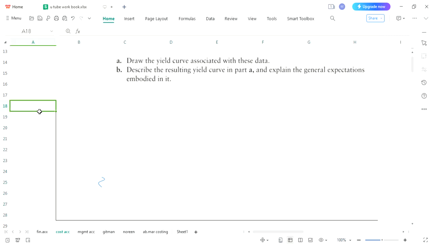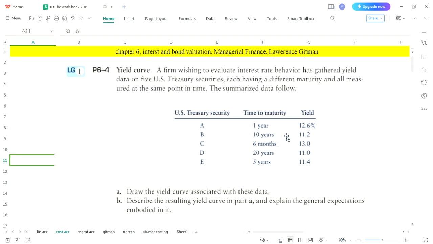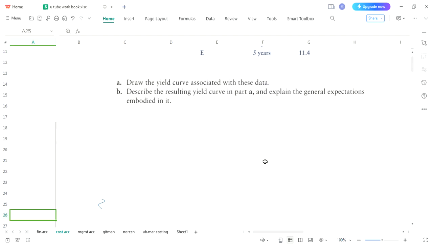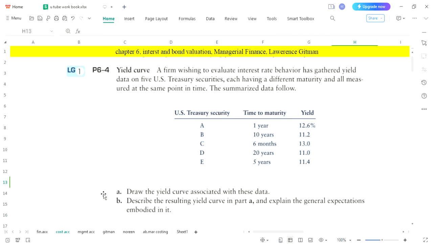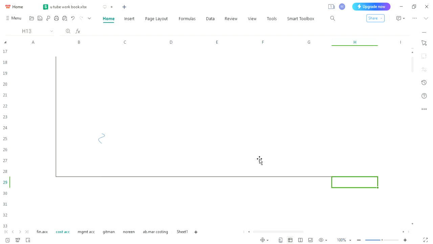Okay, now please understand that we need to put year 1 as the minimum and 20 as the maximum year. So how many lines do we have on the x-axis? First we will draw them. 1, 2, 3, 4, 5, 6, 7 lines. Between these 7 lines you can divide 20, so 3 years can be chosen.